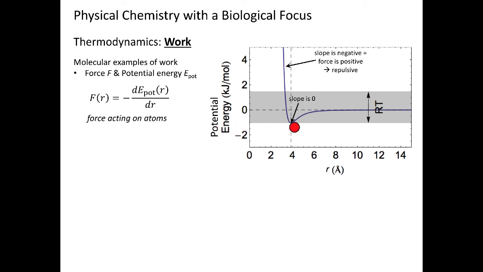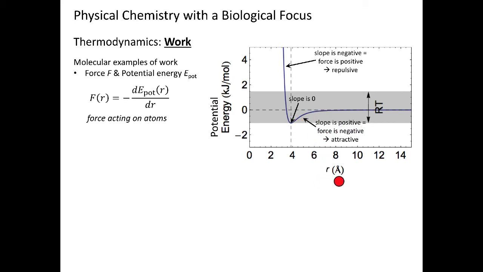Now, if the particles are sitting right here, in the minimum of the potential, then the slope is exactly 0. This is why it is the minimum of a potential. And if the slope is 0, that means the force is 0 as well. Now, if the particles have a distance which is in this range, the slope is positive. If we go to larger distances, then the energy increases, and that means that the slope is positive and the force is negative.